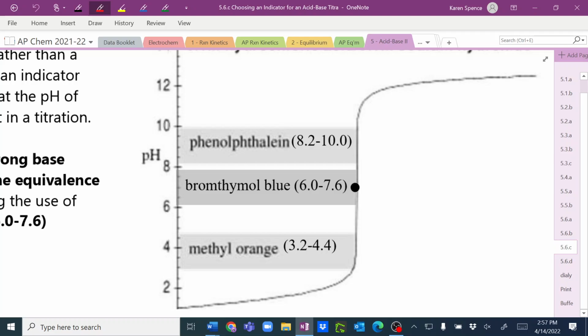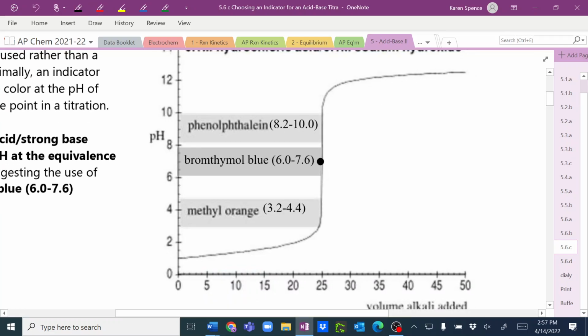Why does it still work to use phenolphthalein to find when we have hit the equivalence point? Yes? At that one volume, it's in that huge range of pH when it just shoots up, right? So within one drop, you're going to go from here to here, and it doesn't really matter what you hit in the middle.